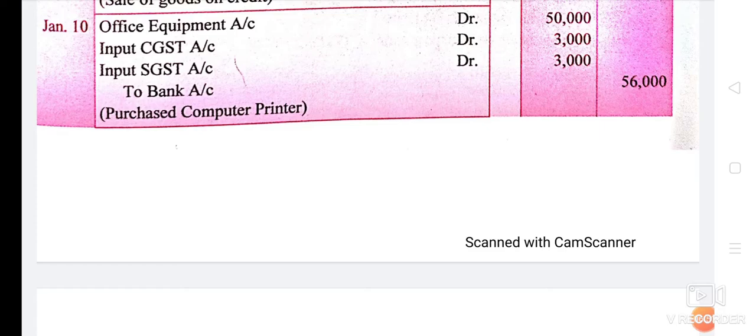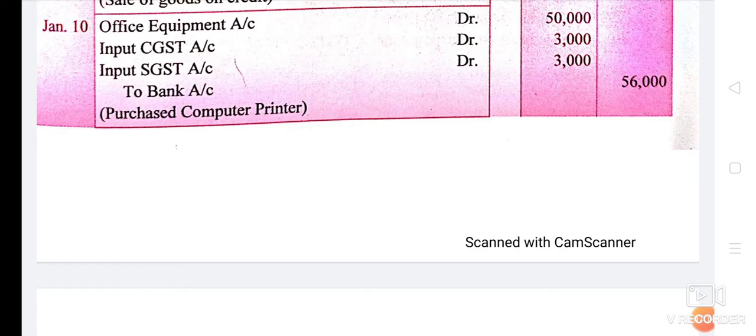So entry will be office equipment account debit 50,000. 6% of 50,000 will be 3,000. So input CGST account debit for 3,000, input SGST account debit for 3,000, and total amount paid as the cost of office equipment is 56,000.